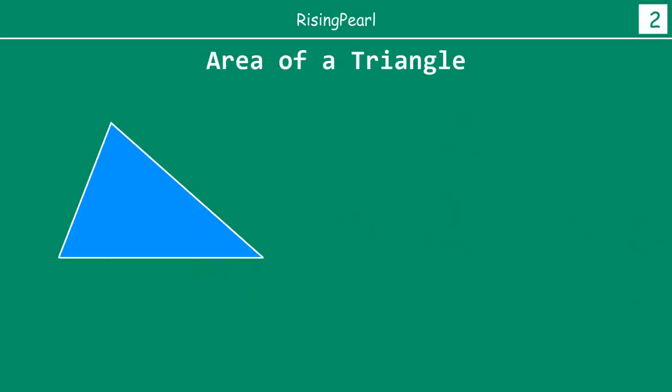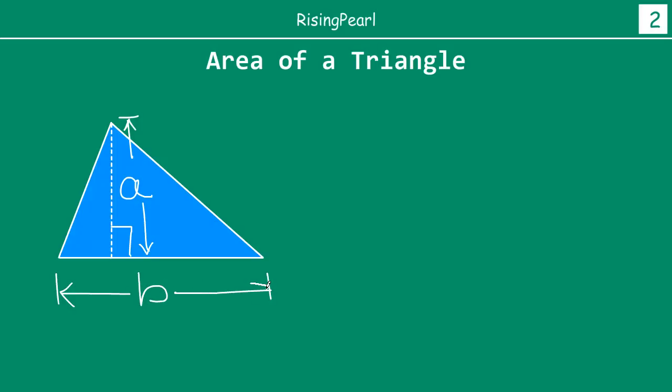Now let's talk about the area of a triangle. I have drawn here a triangle. If you want to find the area of a triangle, as highlighted by the blue portion, then we know that the area of a triangle is equal to, if we drop a perpendicular from one of the vertices to the opposite side, and if this perpendicular distance is a, and the base on which the perpendicular is dropped is b, then the area of a triangle is given by half a times b.